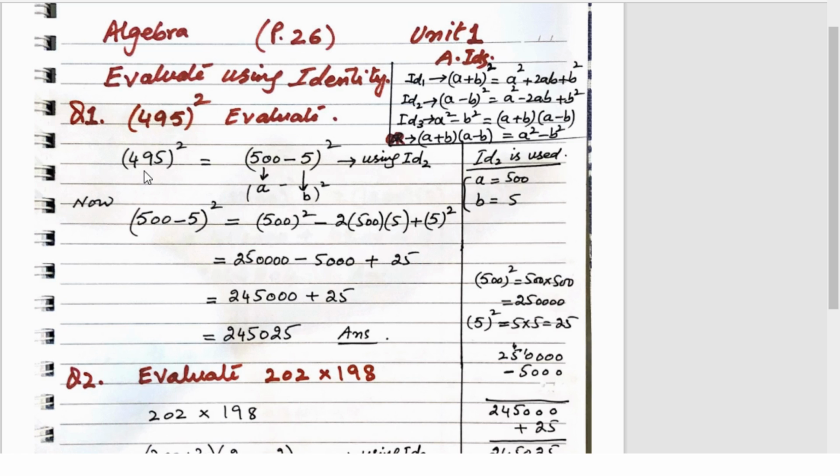First of all, you will look at the term. 495 is a single number. There is no A, there is no B. It's just a number. So first of all, we will have to convert it into 2 parts with a suitable method. Can we write down 495 as 500 minus 5? When we subtract 5 from 500, we get 495.